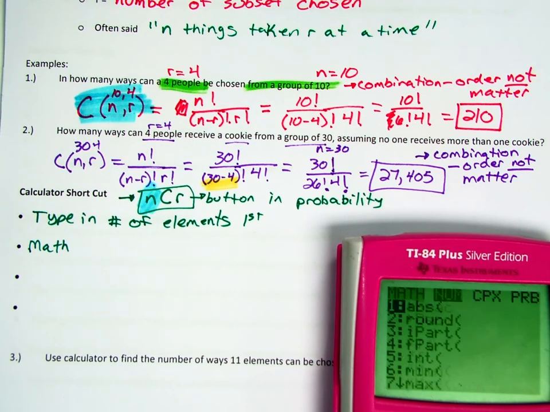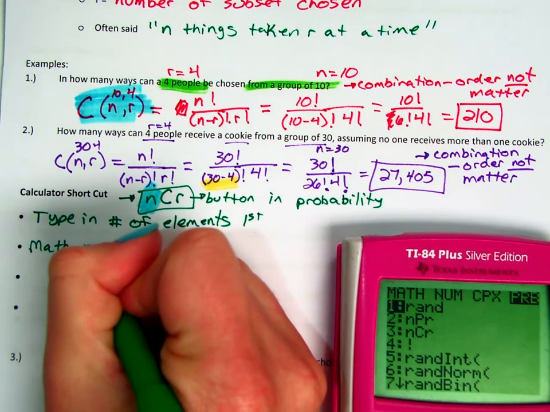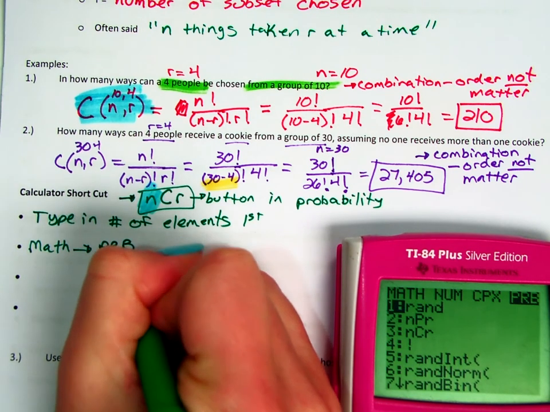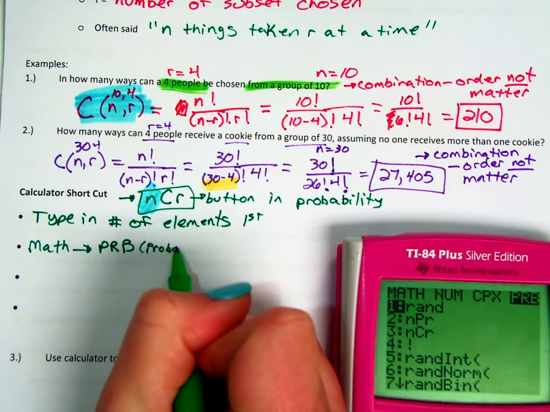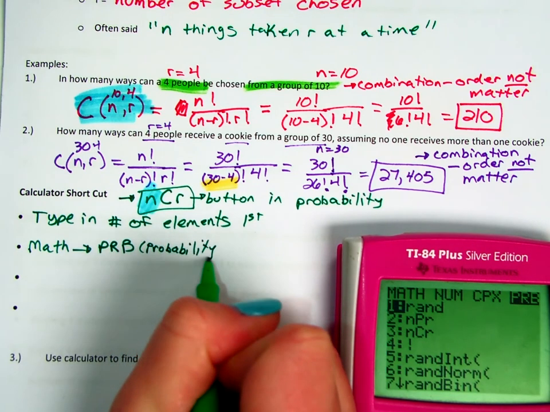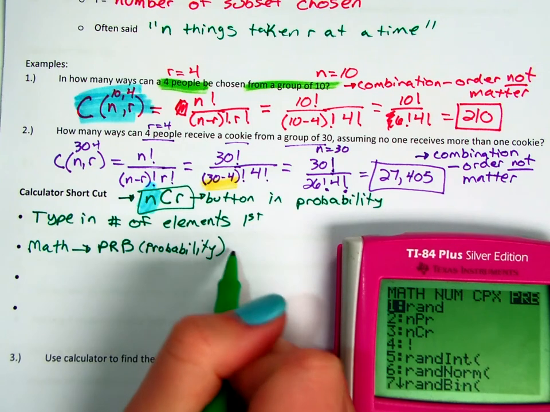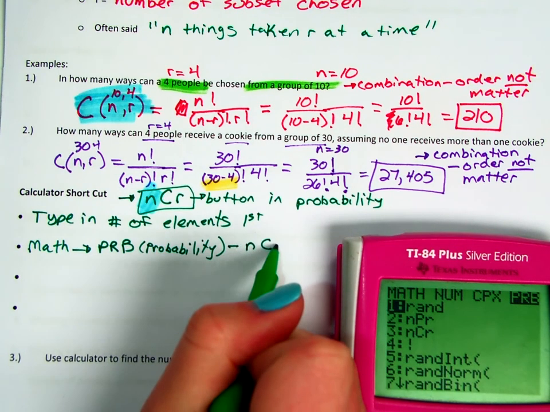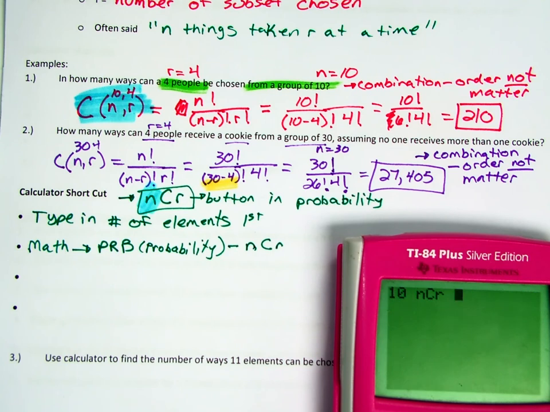You're going to scroll over till you get to the probability up here at the top. PRB, remember, stands for probability. And now, if you look at this, there's actually the nCr. So we're going to select the nCr. So I'm going to scroll down to 3, press enter.